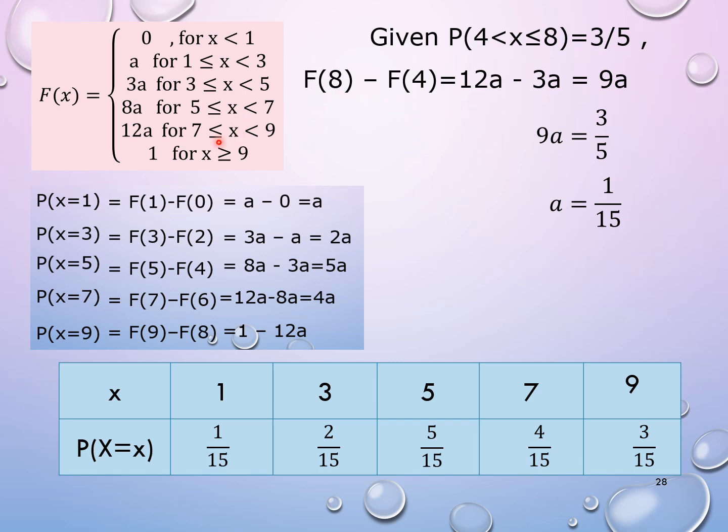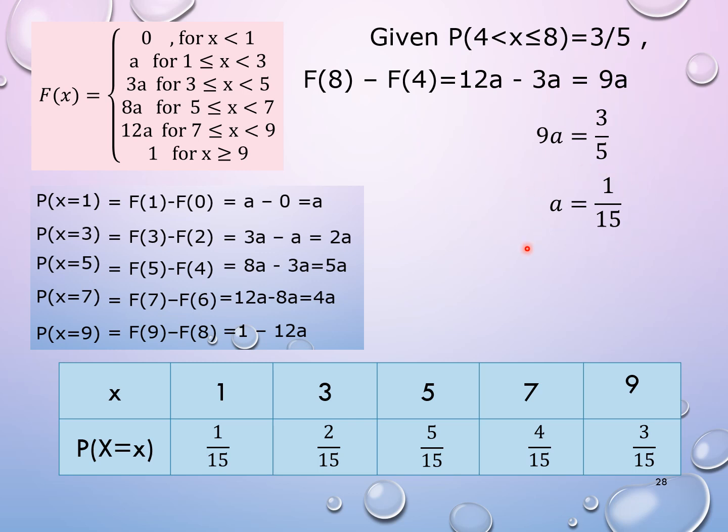Cumulative of 8 is somewhere around here, 12a, minus cumulative of 4, which is 3a. So 12 minus 3, you get 9a. So 9a is actually equal to 3 over 5, and we get a equal to 1 over 15.